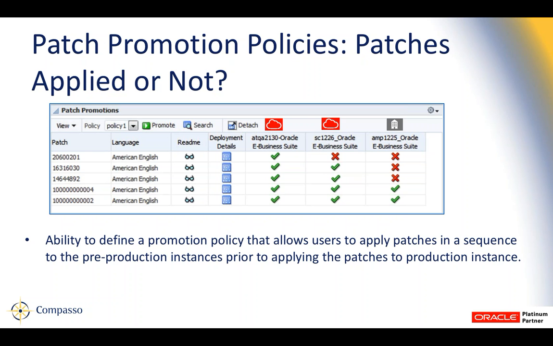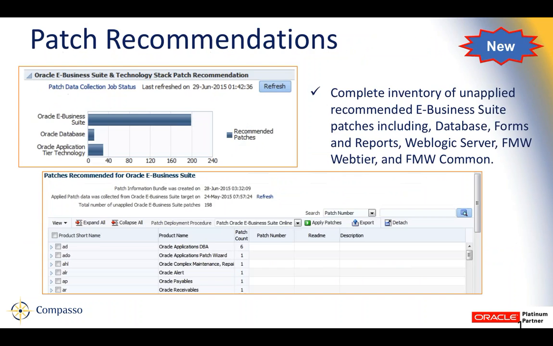Then how do you find out which patches you want to apply? Well, that's where patch recommendations come in. And this is a relatively new feature. There have been patch recommendations within the AMS, but now the patch recommendations apply to all of the underlying levels of technology within the EBS technology stack.